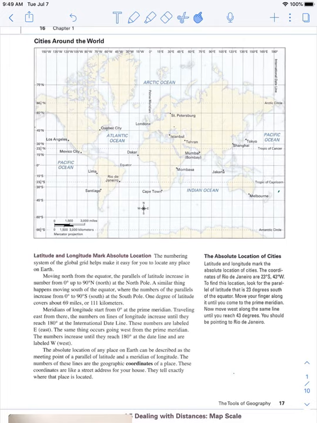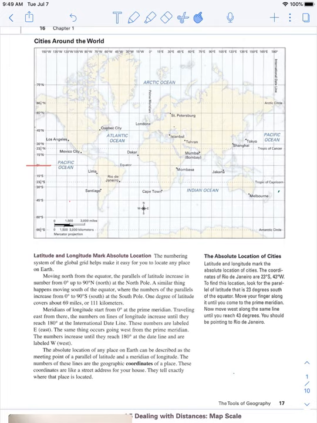Now I want to just point out a few things to you before I actually go through and do that. Number one, I want you to identify where the equator is at. Our equator is at 0 degrees, and this is our line of latitude.